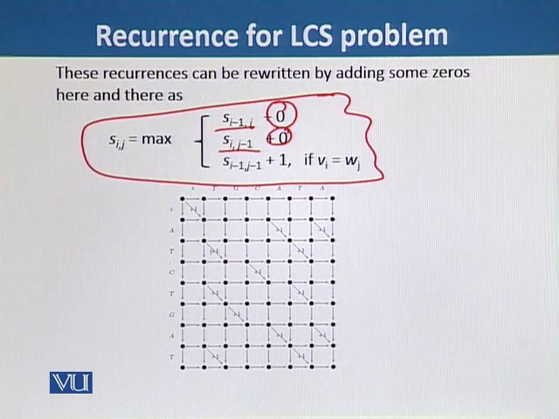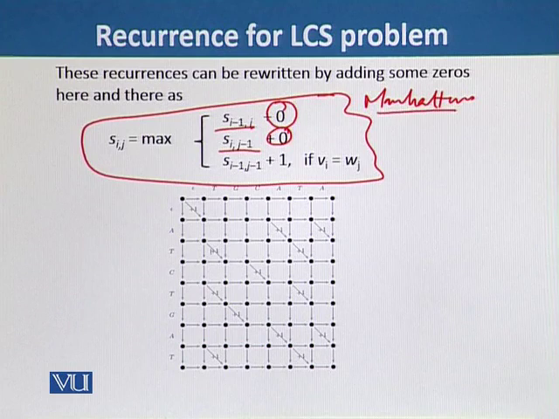The reason we added the 0 is that the recurrence for the LCS computation is like the recurrence we have already seen in the Manhattan problem. If we want to build a particular version of this Manhattan problem, we give the horizontal and vertical edges weight 0, as we have assigned here, and set the weights of diagonals to 1.